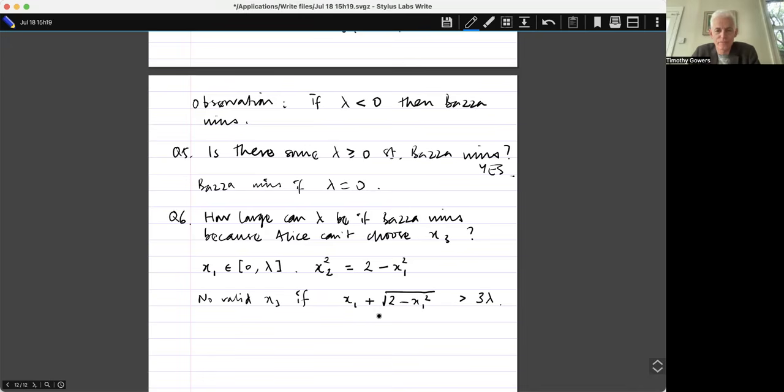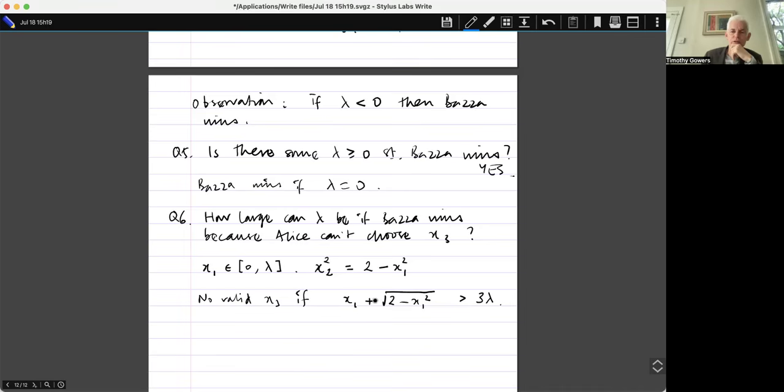That's annoying. Let's just get a feel for it, because working out where that's minimized seems a little bit tedious. But if x1 is 0, we get √2. If x1 is lambda, we get lambda plus the square root of 2 minus lambda squared. I'm just trying to work out what the behavior of this function of x1 is.